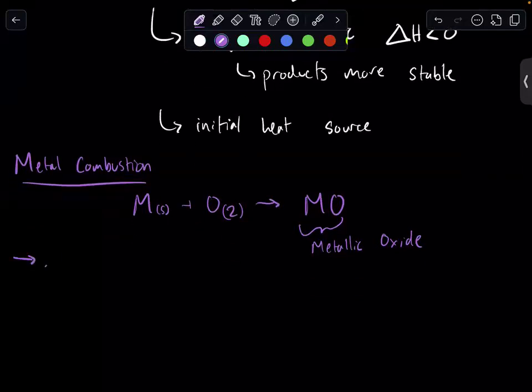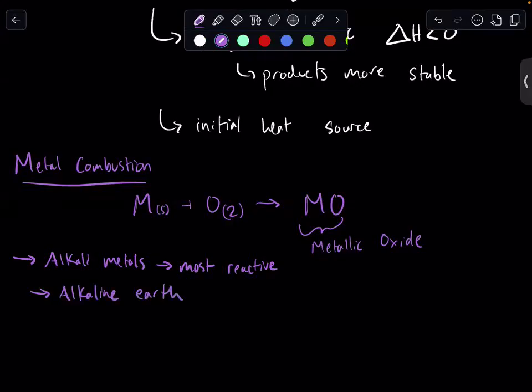A couple things of note is that alkali metals, meaning the first group of the periodic table, so lithium, sodium, potassium, cesium, all those, alkali metals are the most reactive, followed by then alkaline earth metals.